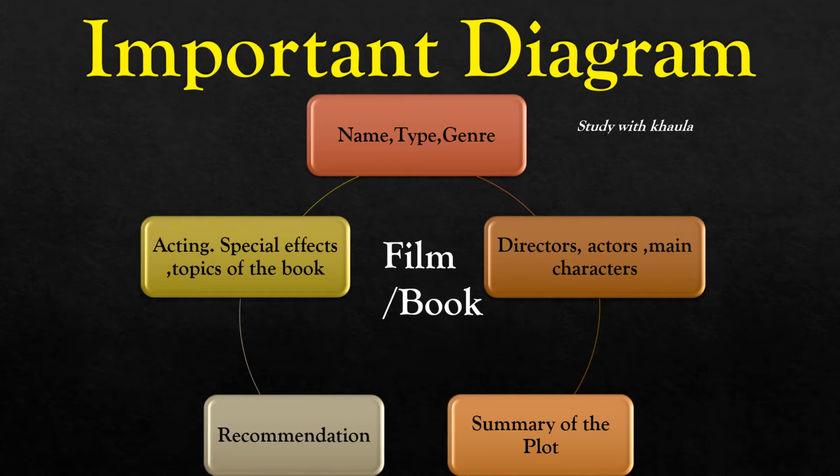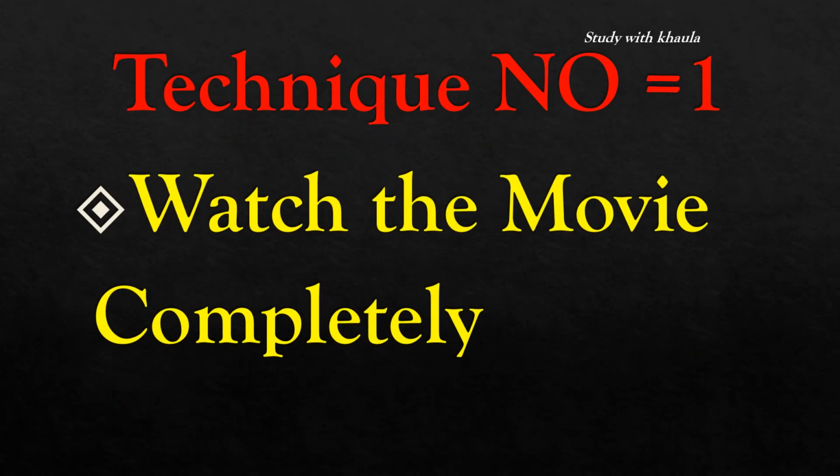Now we will discuss 10 techniques that help you in writing a review. Step one: watch the movie first. The first step in writing a review is to watch the movie completely. Watch the movie in a relaxed environment you are familiar with, with no disturbance at all.